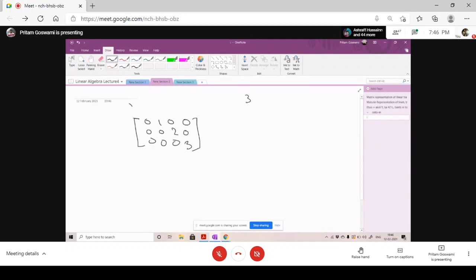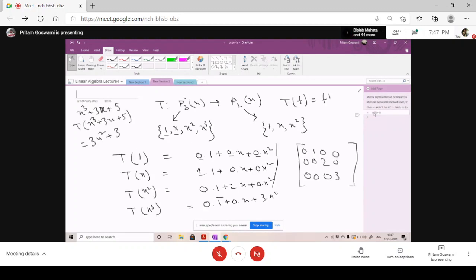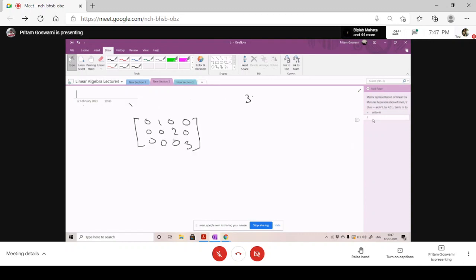And the polynomial you have given is x cube plus 3x plus 5. You can write it like 5, 3, 0, 1, right?